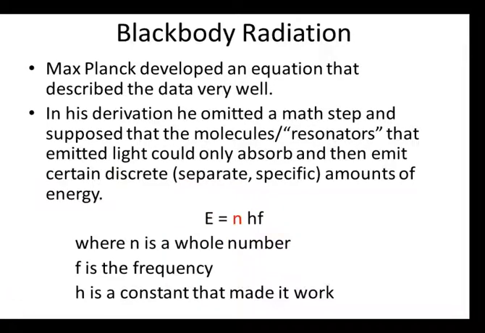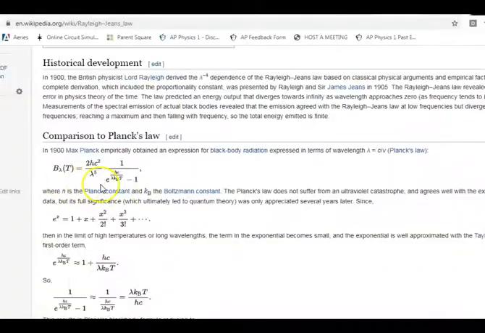Now, I'll show you the equation, but you're not going to like it. So here is his equation, all right? This is based off of the temperature, okay, T for temperature. It's a function of the temperature. 2 times Planck's constant times the speed of light squared over the wavelength to the 5th, when you put it in terms of wavelength, times 1 over the number e, if you even know what that is, to the power of h times speed of light divided by the wavelength times k_B, which is another constant, times the temperature.